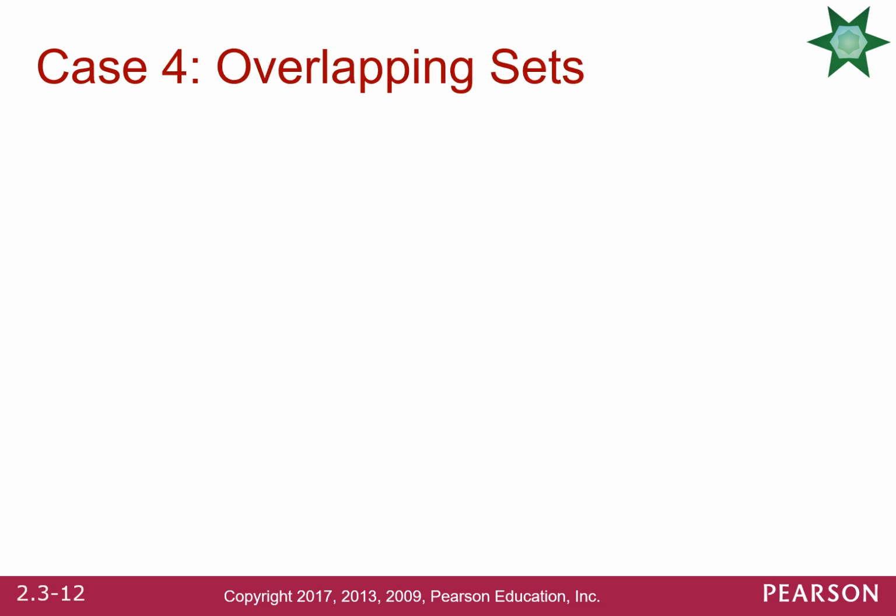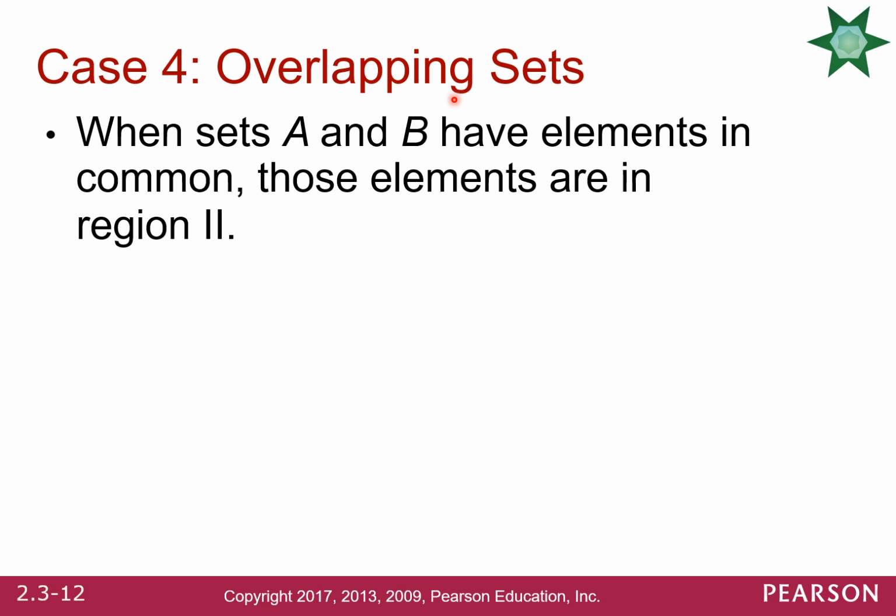Now let's look at what's called overlapping sets, but not completely overlapping sets. Completely overlapping sets refer to equal sets. Now we will talk about partially overlapping sets. When sets A and B have elements in common, those elements are in region 2. We saw that before in the general form of the diagram: all the common elements between set A and set B appeared in the intersecting region, correct?